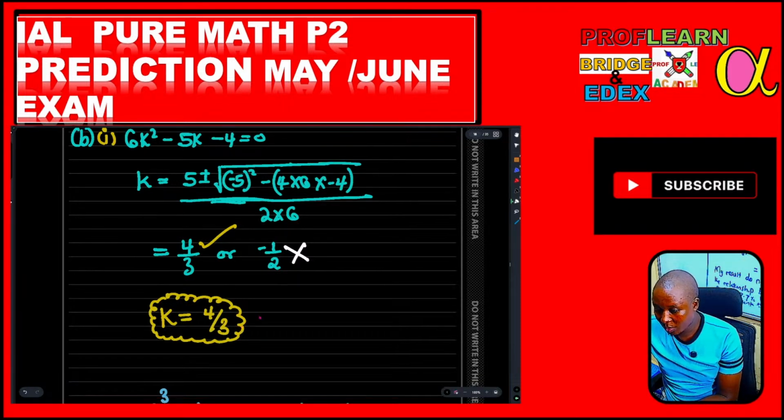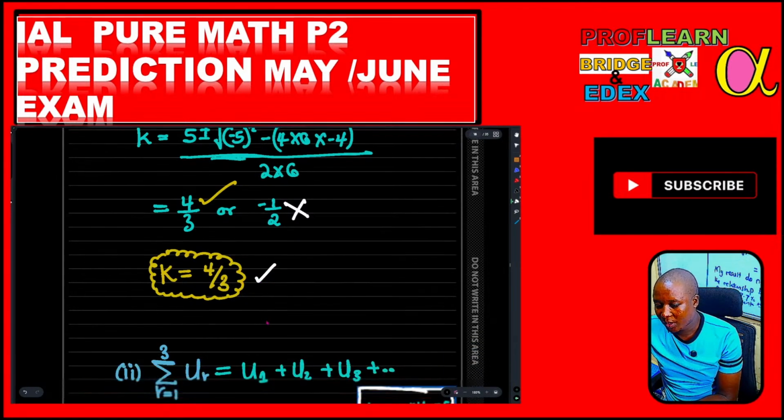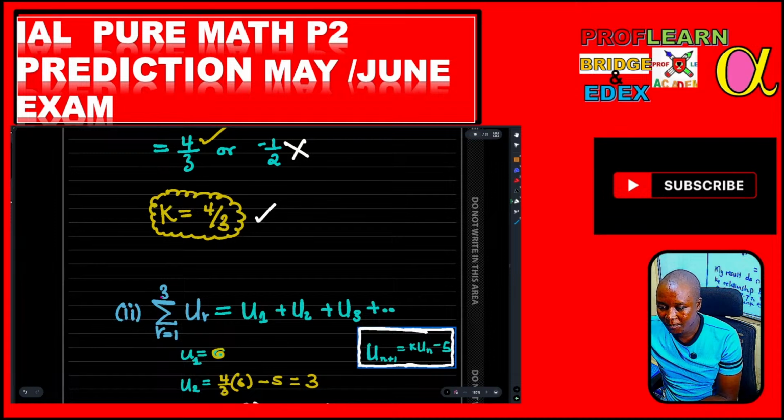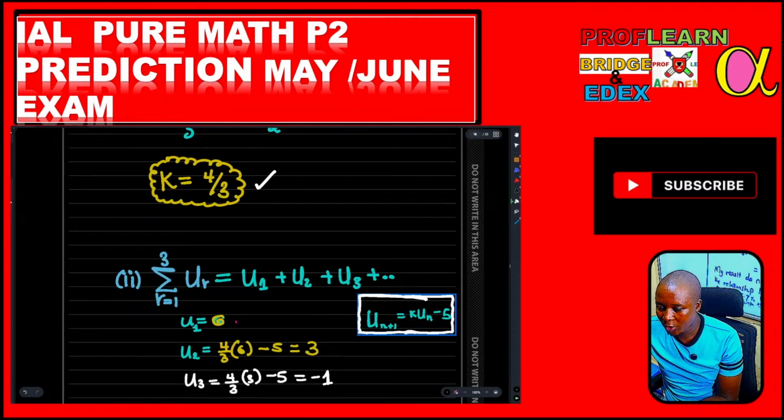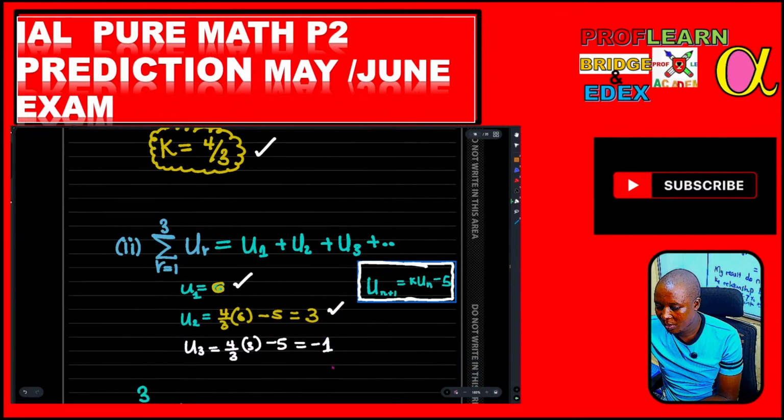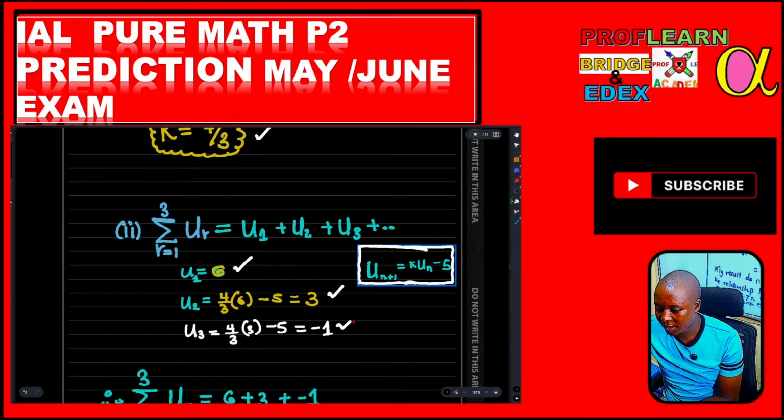So we are going to go for this, and then we were supposed to find the summation of ur here, but remember u was given as u(n+1) equals k un minus 5. So we had gotten u1 to be basically 6, u2 we had gotten to be basically 3, and u3 we had been told is -1.